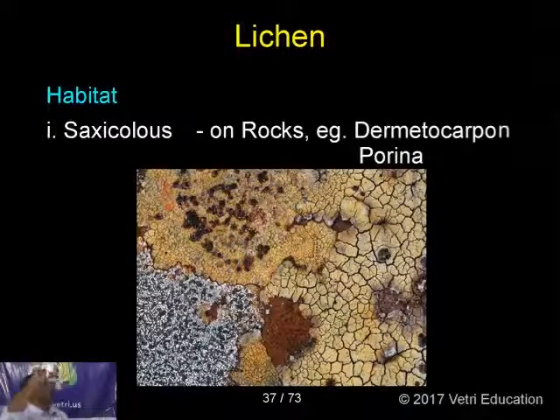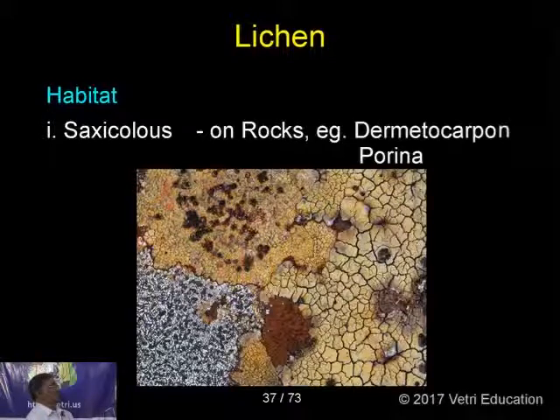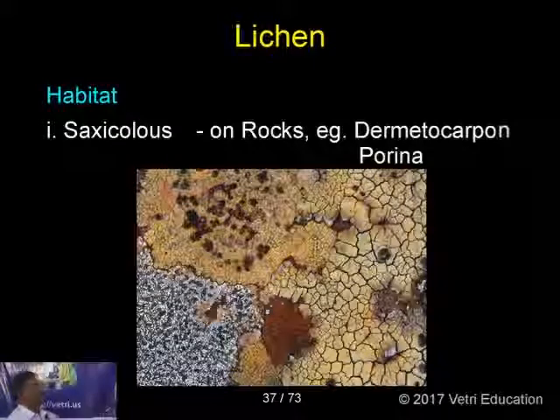The first one is saxicolous lichen, that is found on rocks. Examples are Dermatocarpon and others.